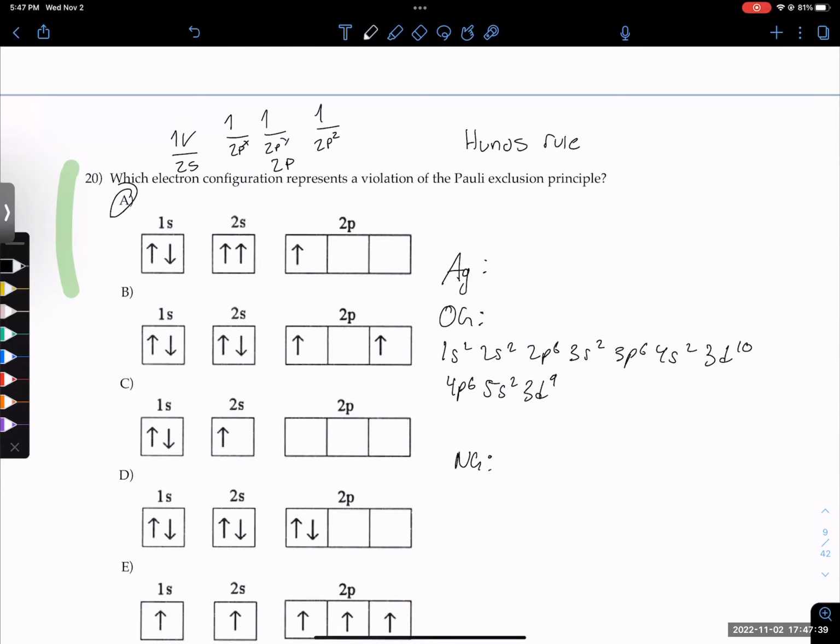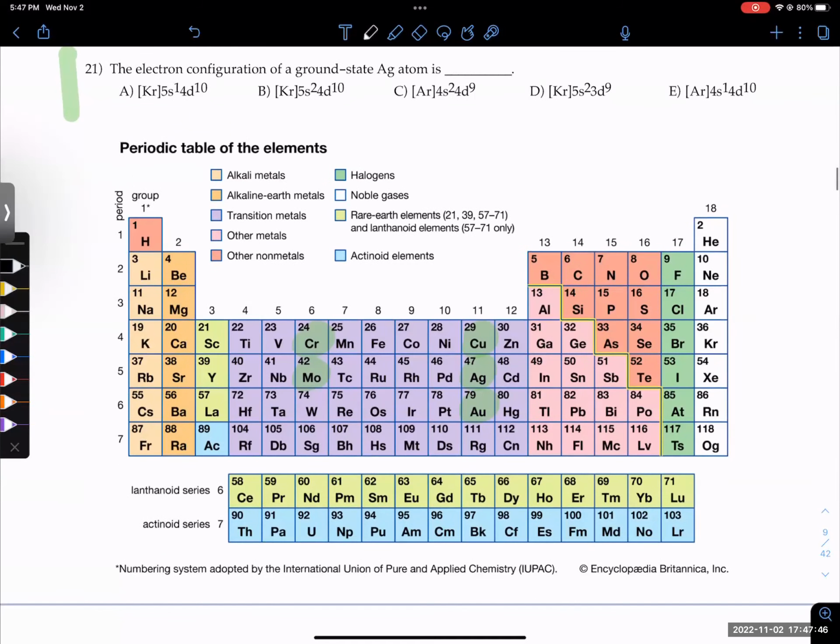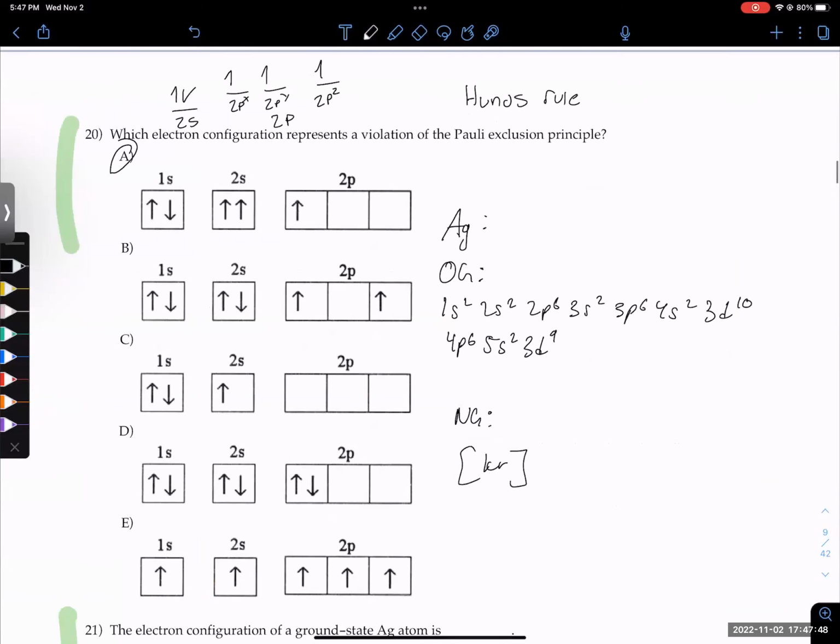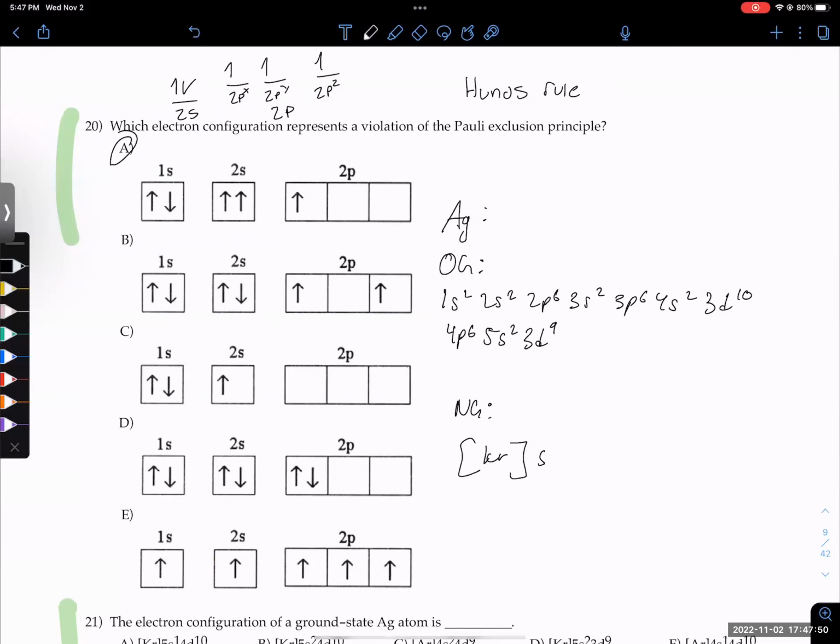A bracket, Kr, then 5s2, 4d9. That should say 4d, not the other. All right, so that is our noble gas configuration.